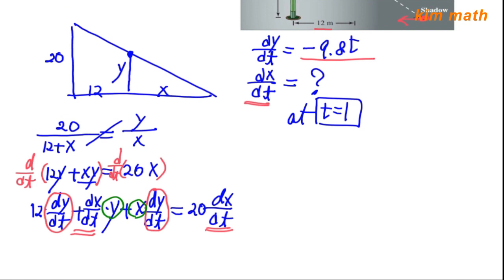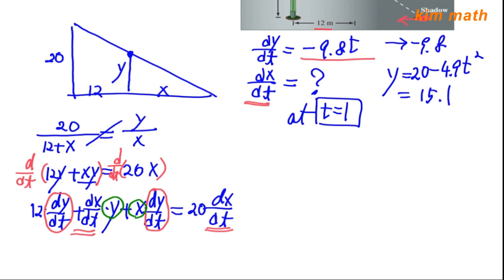First, when t equals 1, this will be negative 9.8, right? How about y? y was the initial value minus, remember that, 4.9t squared, which is 15.1 if you plug in 1 instead of t.